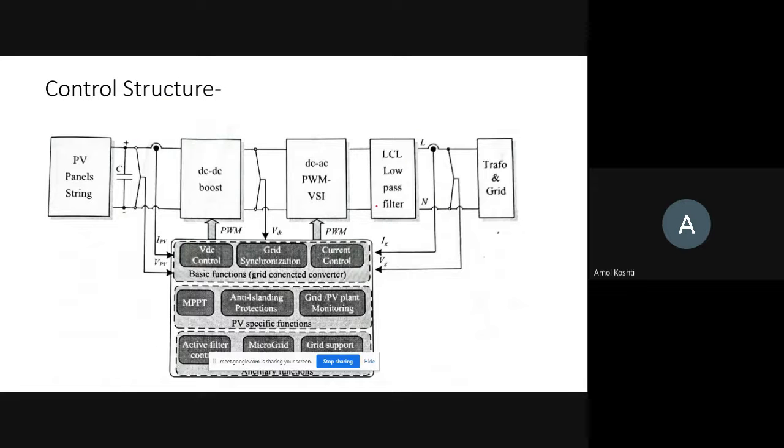After this, the important thing is that in every topology, whichever topology you refer to, it can be a full bridge inverter, it can be an NPC topology. In every structure, there is a common control structure. In the control structure, we have these basic functions, that is grid connected converters.